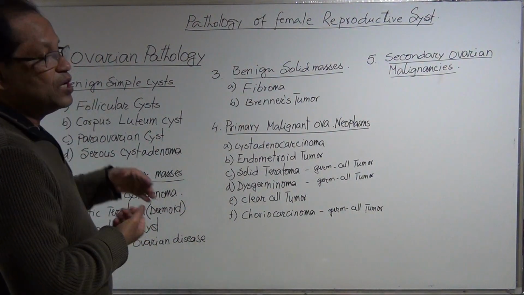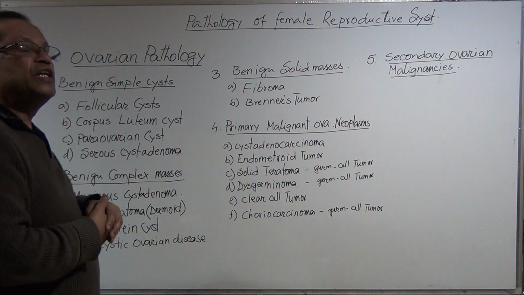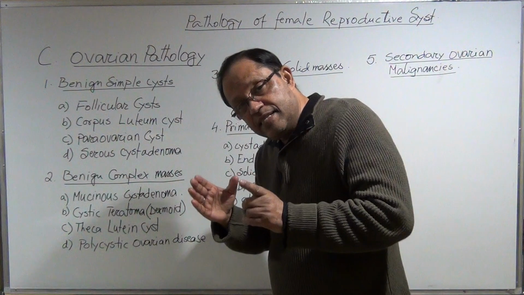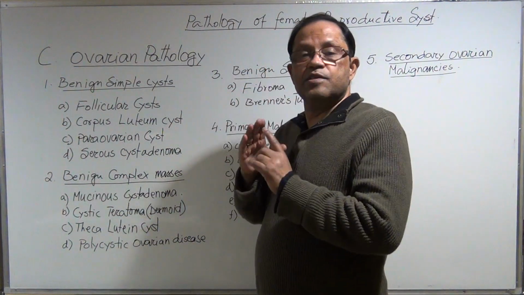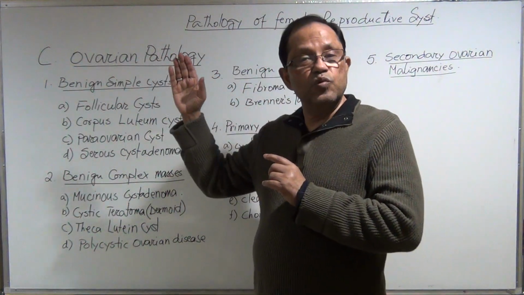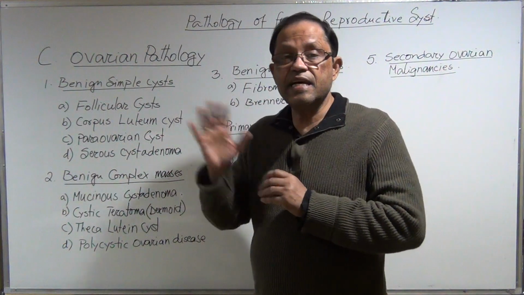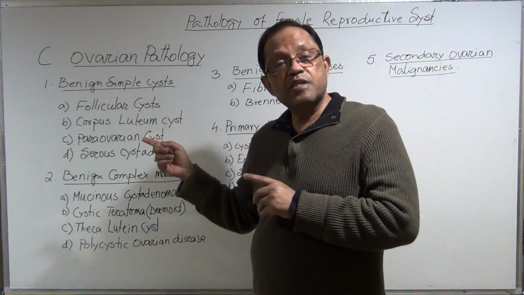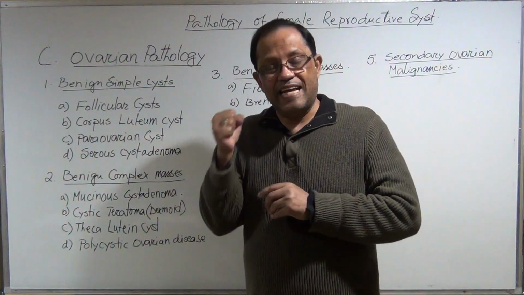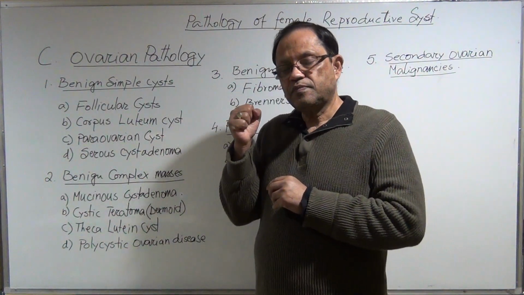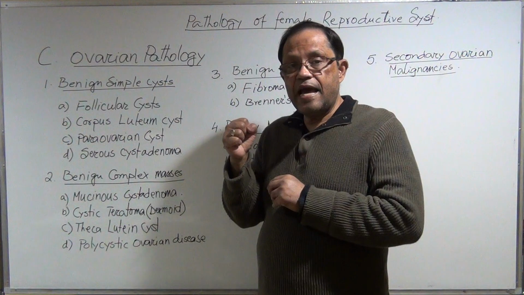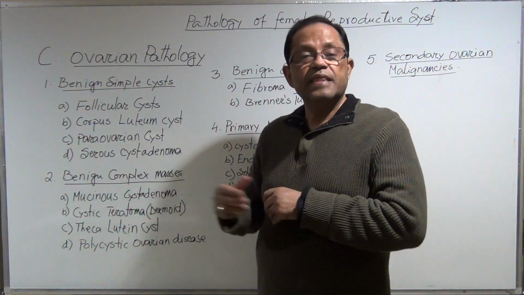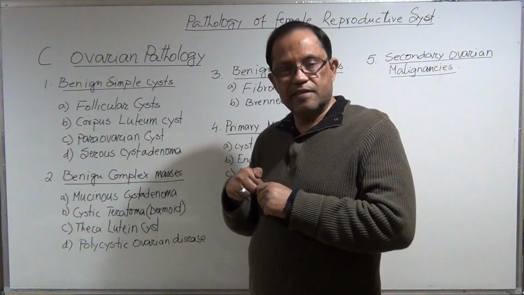We need to evaluate. And the corpus luteum, if pregnancy occurs, will sustain for 10 to 12 weeks. If pregnancy does not take place, if fertilization does not take place, corpus luteum will regress. And it will turn into corpus luteum hemorrhagicum, then corpus luteum albicans.